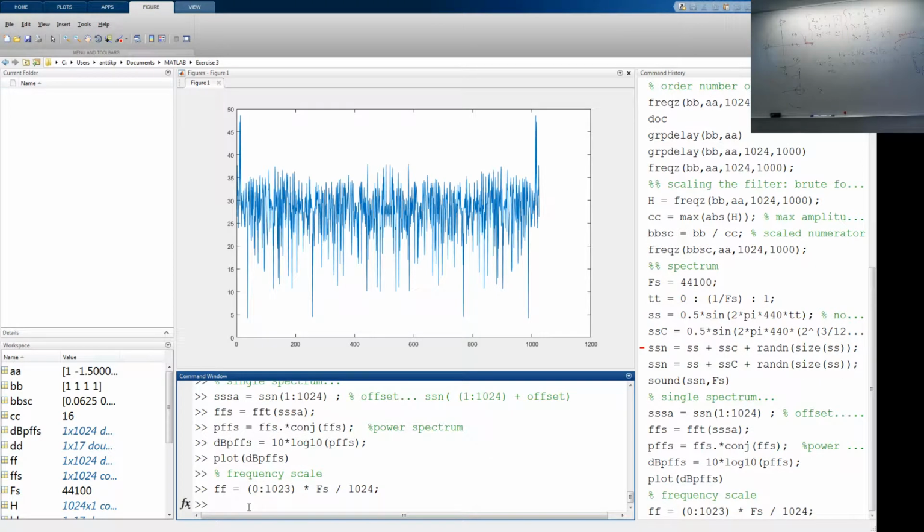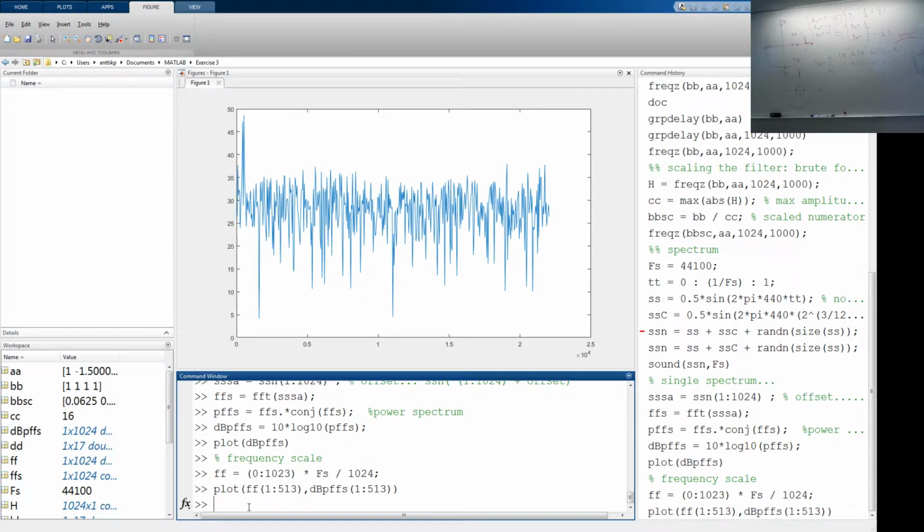There we go. Now we can plot it again using just half of the values. So FF from 1 to 513, and also those 1 to 513, only those first half points, and that's the full spectrum. And there you could actually also stretch the axis so that it looks nice.